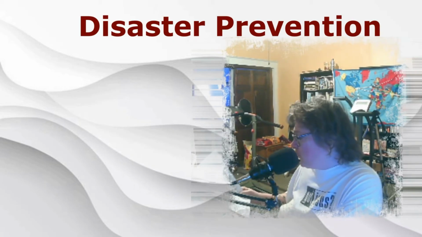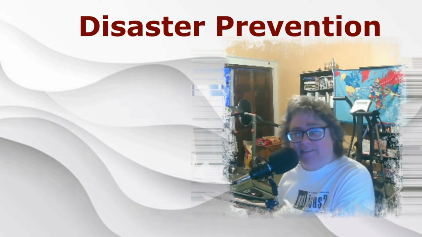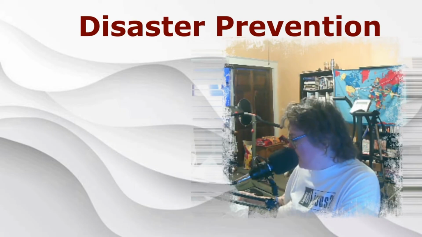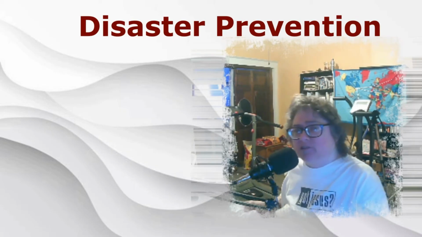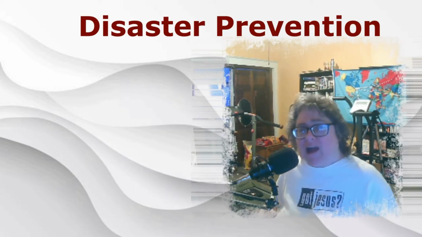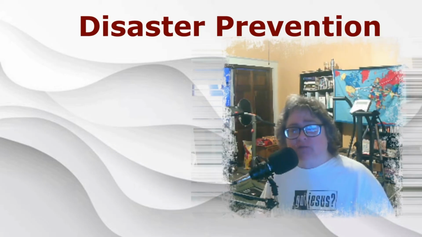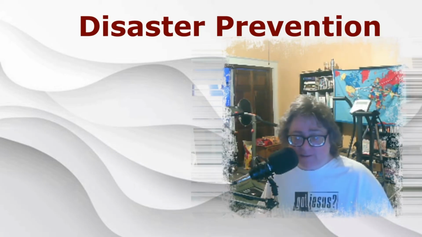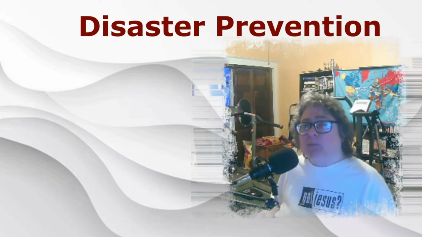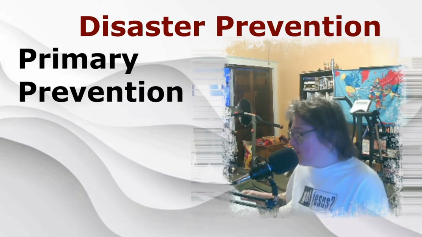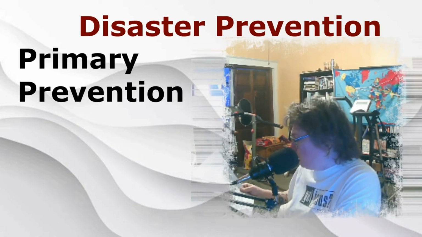To achieve effective disaster management, organization is key. All personnel must be trained, and all personnel must know their roles. Now, I'm talking about disaster prevention here. What are the 3 levels of disaster prevention? Primary prevention is the first phase. What is primary prevention?